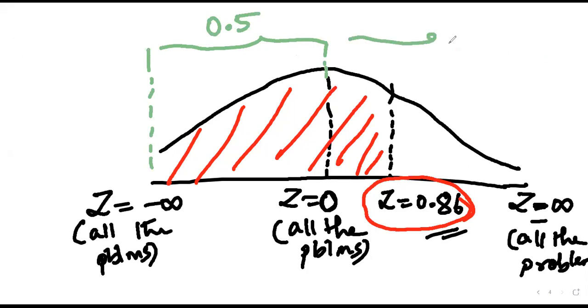And the total area from here to here, it is again 0.5. So this area is already determined, that is 0.5. We have determined the total area from here to here, correct?